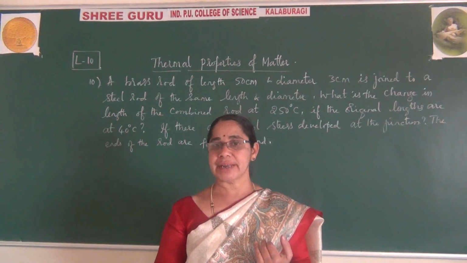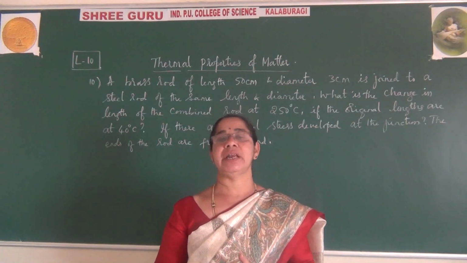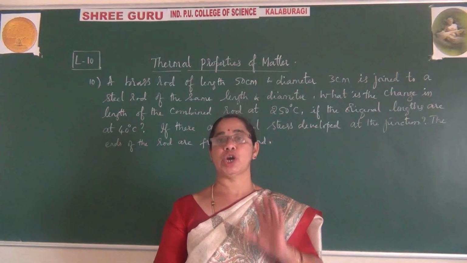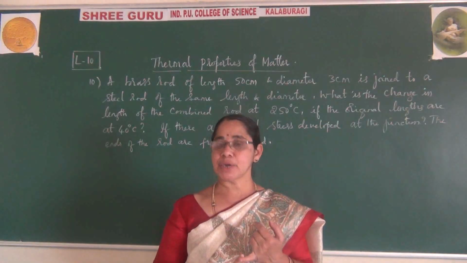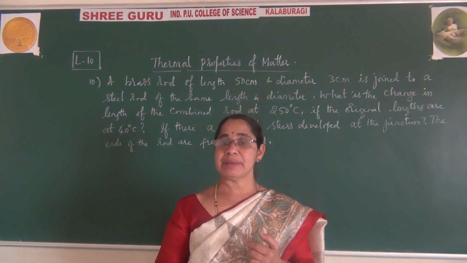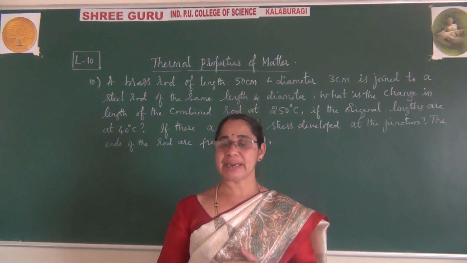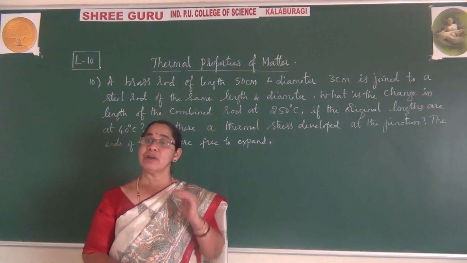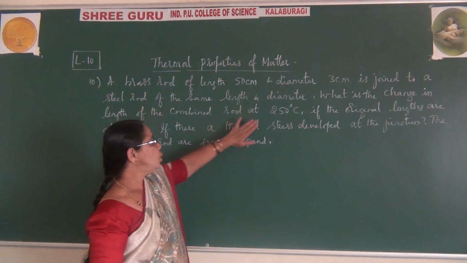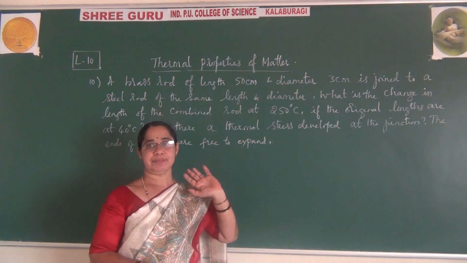So you have to take the first step. One is a brass rod, another is a steel rod, and both are joined together. They are asking you to calculate the change in length, which you have to calculate separately, when their temperature has been raised from 40 degrees centigrade to 250 degrees centigrade. This point you have to notice here.